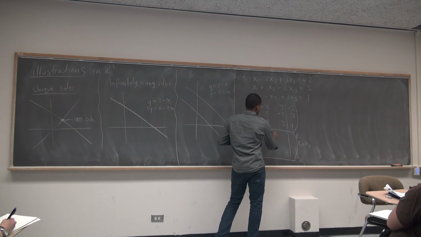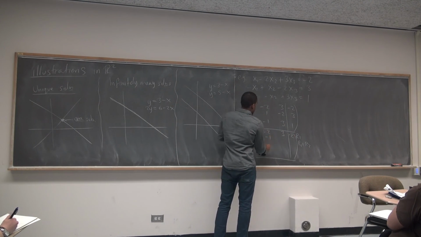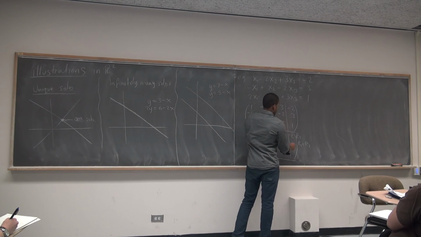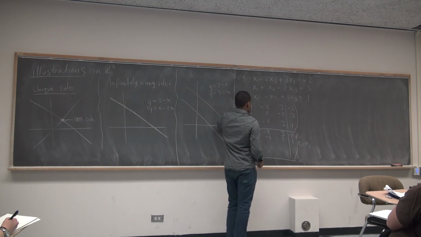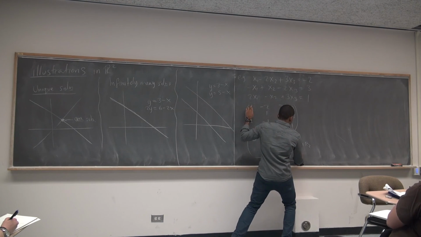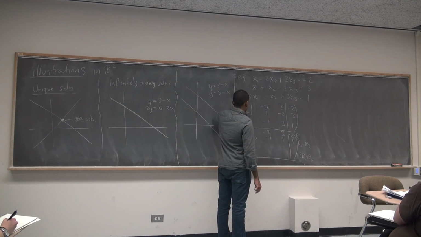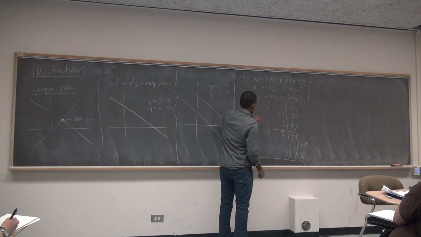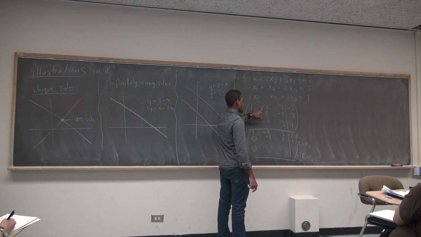So 1, minus 2, 3, minus 2. Add these, 0. Add these, minus 1. Add these, 1. Add these, 1. Then I can take minus 2 row 1 plus row 3.